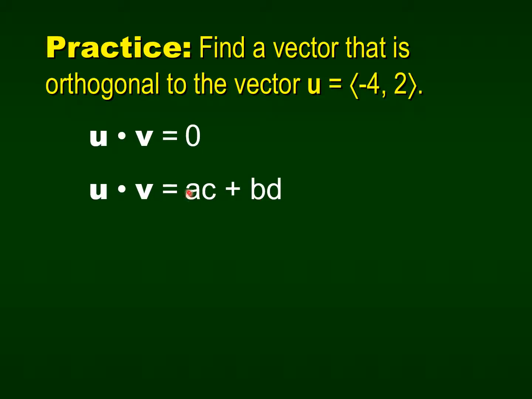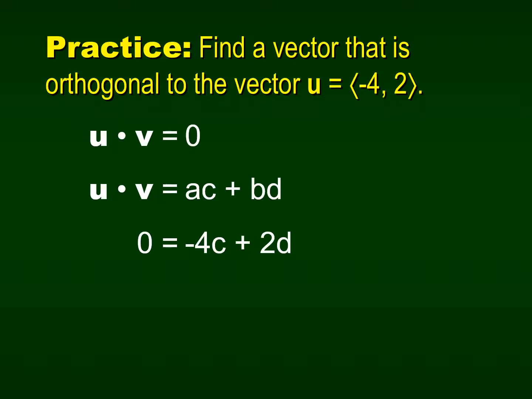So this would be -4 here, and this would be 2 here. So because we want them to equal 0, we can say 0 is equal to -4c. I got the -4 because we know that a is -4, plus 2d, because I know that b is 2. And we want to set this equal to 0 because your dot product has to be 0.